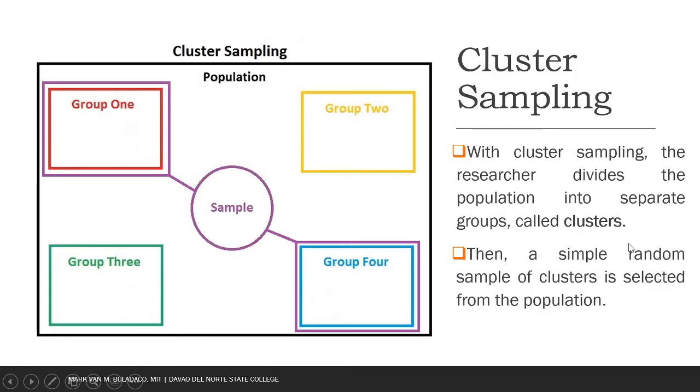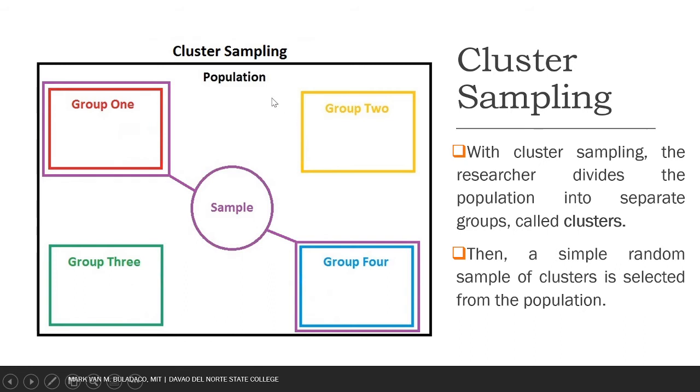Another type of probability sampling is cluster sampling. In cluster sampling, basically it's similar to stratified sampling, wherein the groups are divided into subpopulations called clusters. So you basically divide it based on their characteristics, or based on your research procedure.